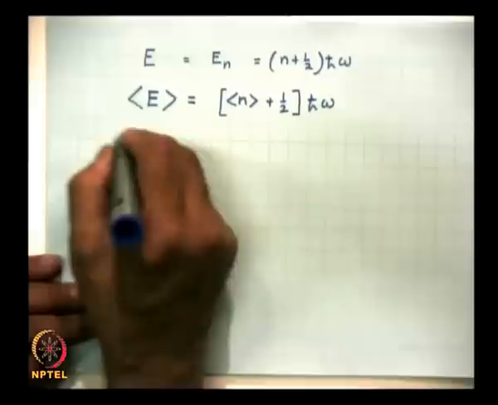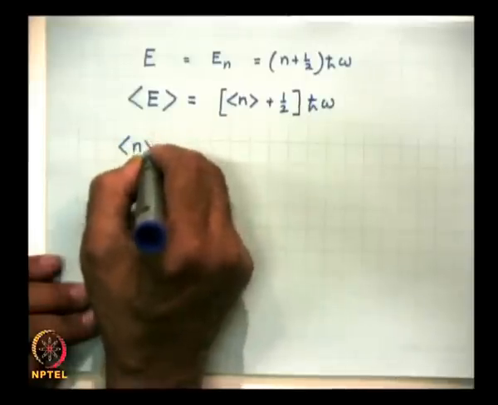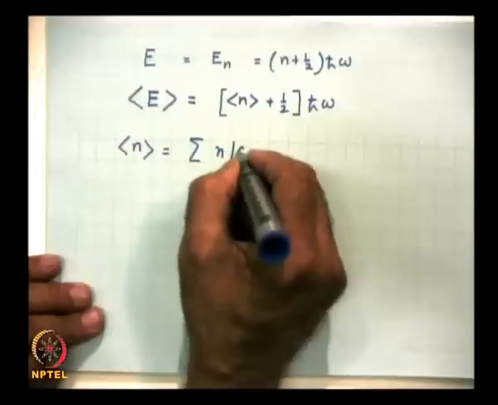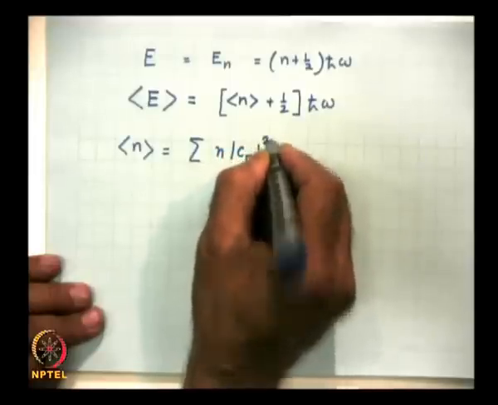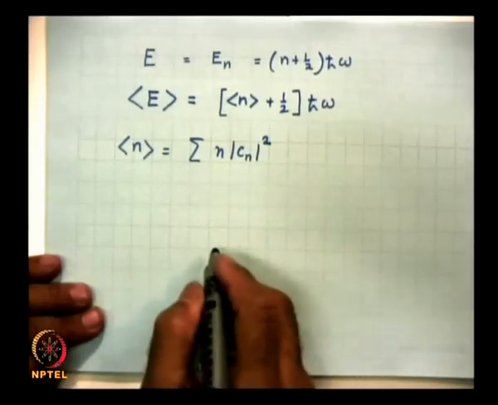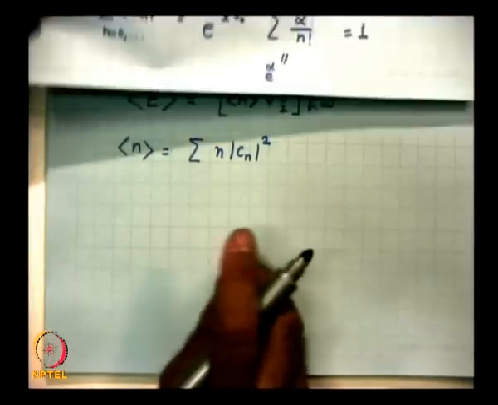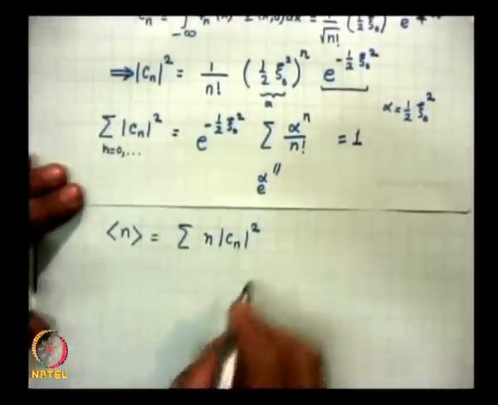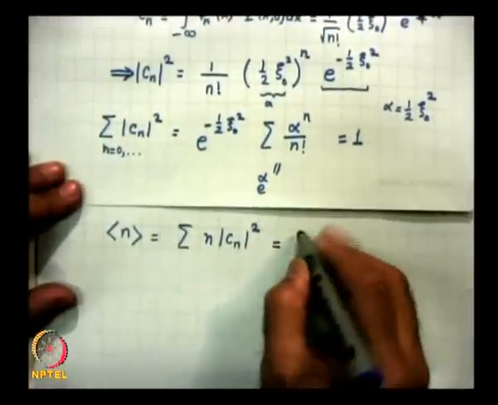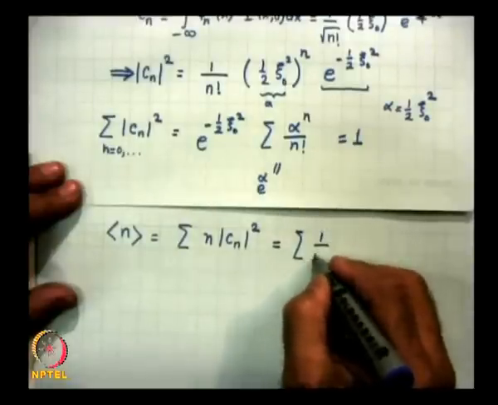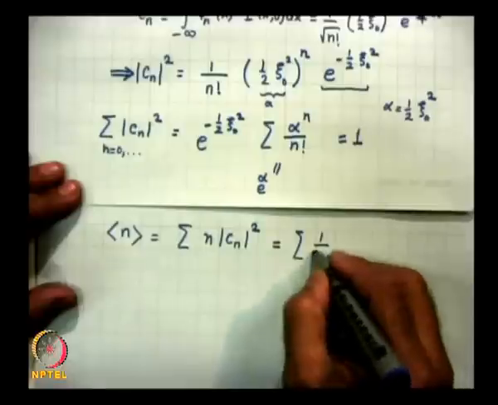And what is the expectation value of n? This will be the summation of n mod C n square, and I have just now written the value of mod C n square. If you sum this up, then it will be n by n factorial, so that is n minus 1 factorial.